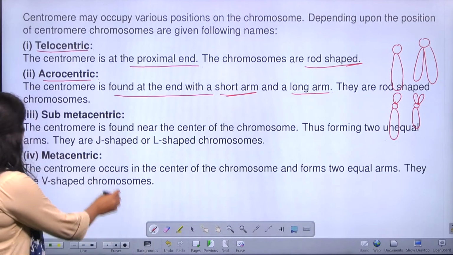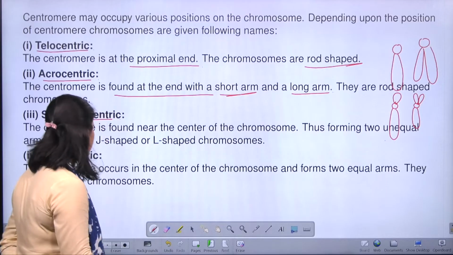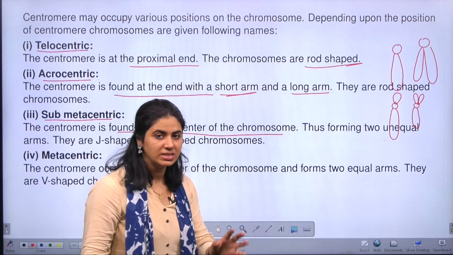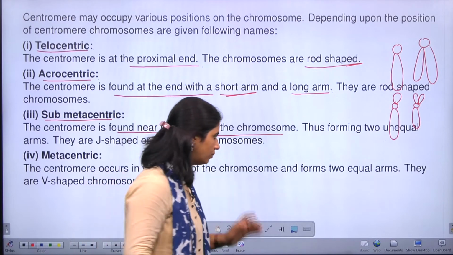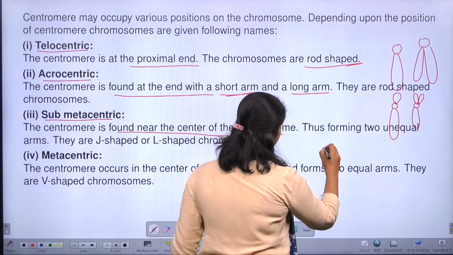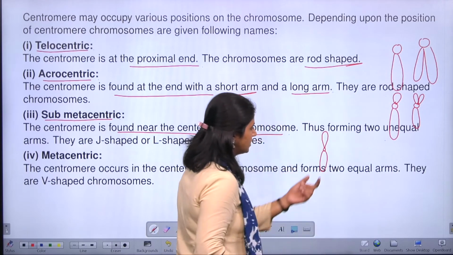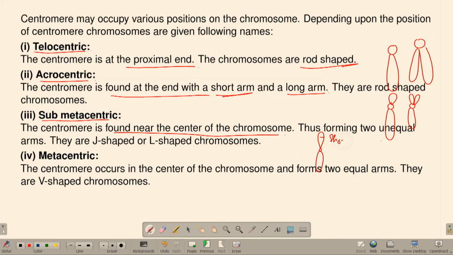Now the third one is submetacentric. What is submetacentric? It means the centromere is found near the center of the chromosome, not in the center, but near the center. So we can draw this somewhat like this. This will be the shorter arm and this will be the longer arm.